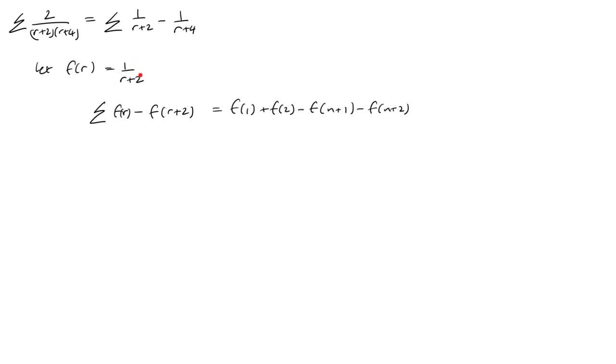Then if you go back up to the f(r) and substitute 1 into this, it's 1 over 3, plus substituting 2 in, that's 1 over 2 plus 2, which is 1 over 4, minus now n plus 1, so that's 1 over n plus 1 plus 2, which is 1 over n plus 3, minus, and now it's n plus 2, so 1 over n plus 2 plus 2 is 1 over n plus 4, which is what we ended up with in the previous question.